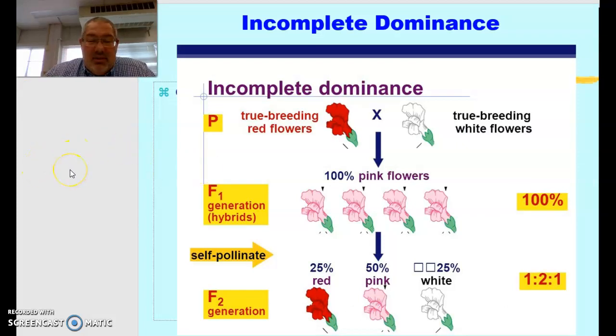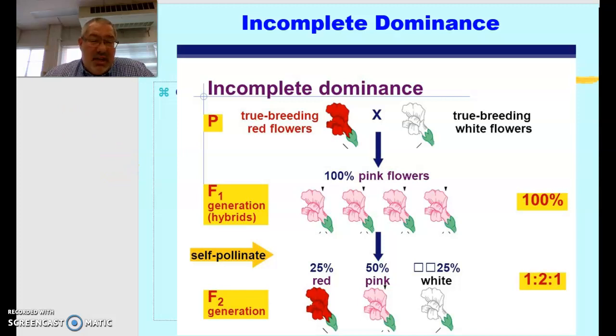Incomplete and codominance are exceptions to Mendel's law of dominance. With incomplete dominance, you have a blend in the first generation from the 2 parents. So red and white flowers as parents produce pink offspring. A red and white horse produce a roan.